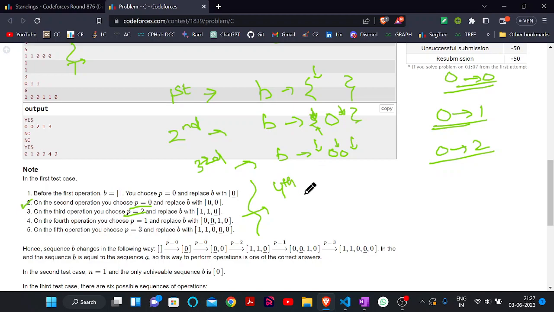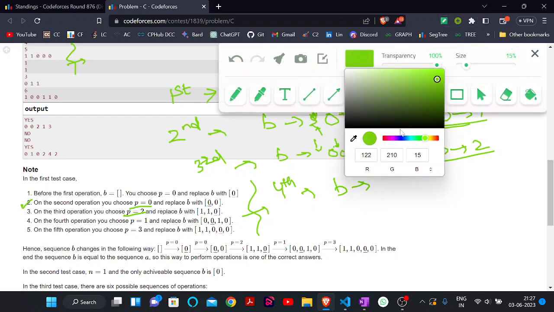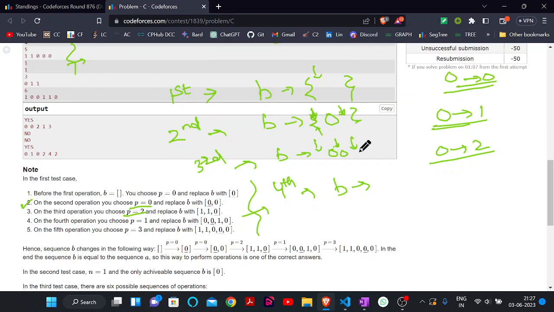With p equal to 2, 0, 1, 2, we are going to insert 0 here. So 0 is here, and the right side elements will remain the same, but there are no elements on the right side. The left side elements will be inverted, so 0, 0 will be converted into 1 and 1. So this is the sequence which we will get after performing this third operation.